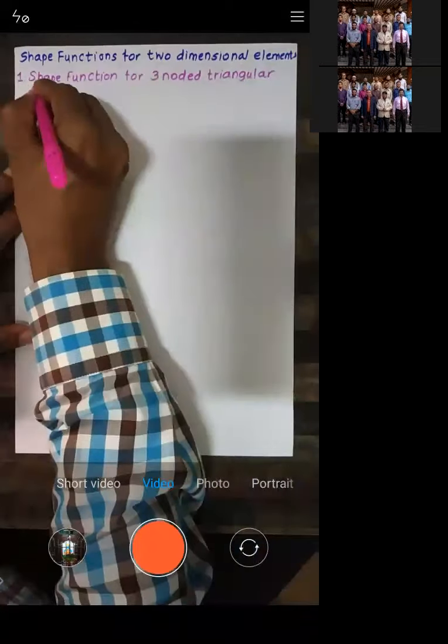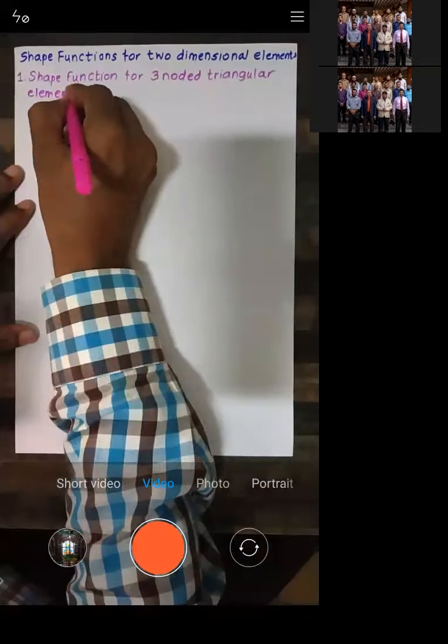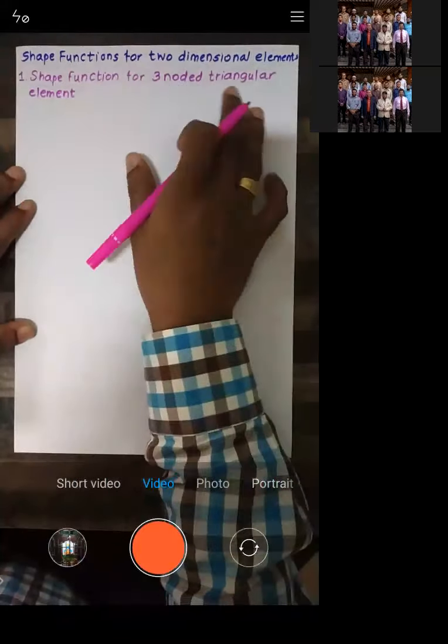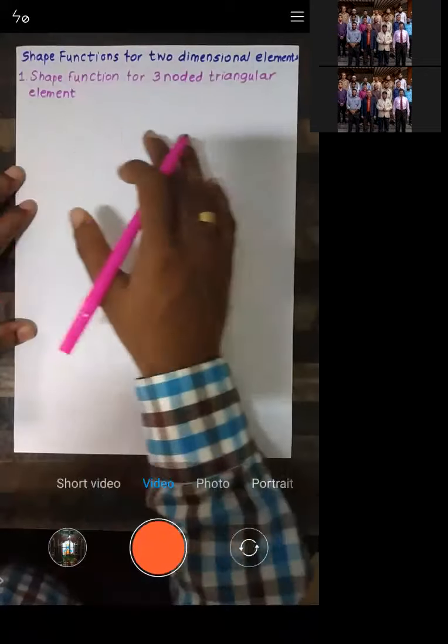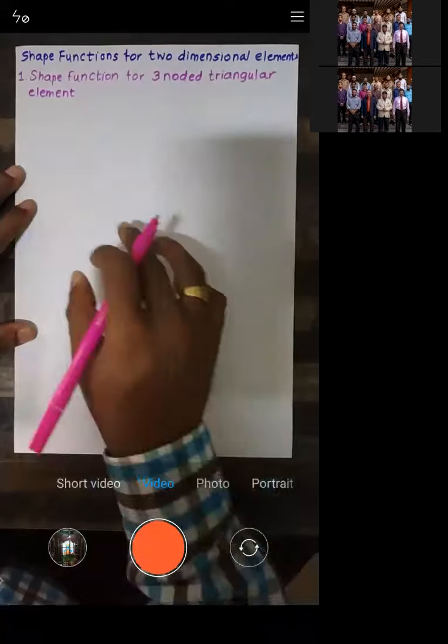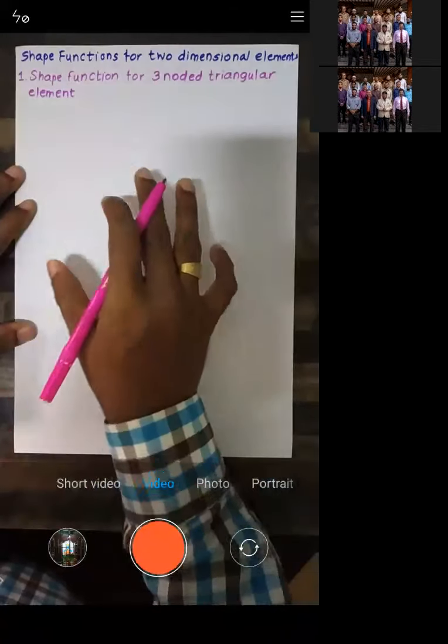We will first derive the shape functions for the three-noded triangular element. So let us have a triangle. Obviously the triangle will have three nodes. For such a triangle, we will see the shape functions.